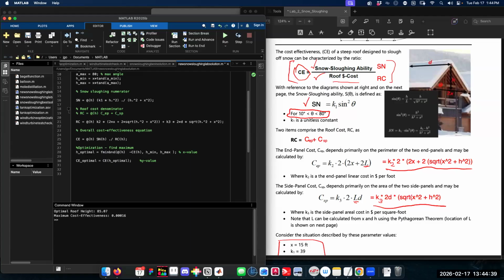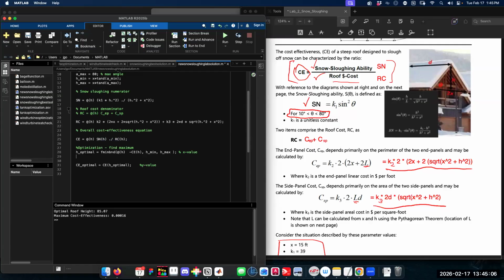And now CE optimal is CE, which is the original equation, doing the math for our one best x value, and will return a number for CE optimal.